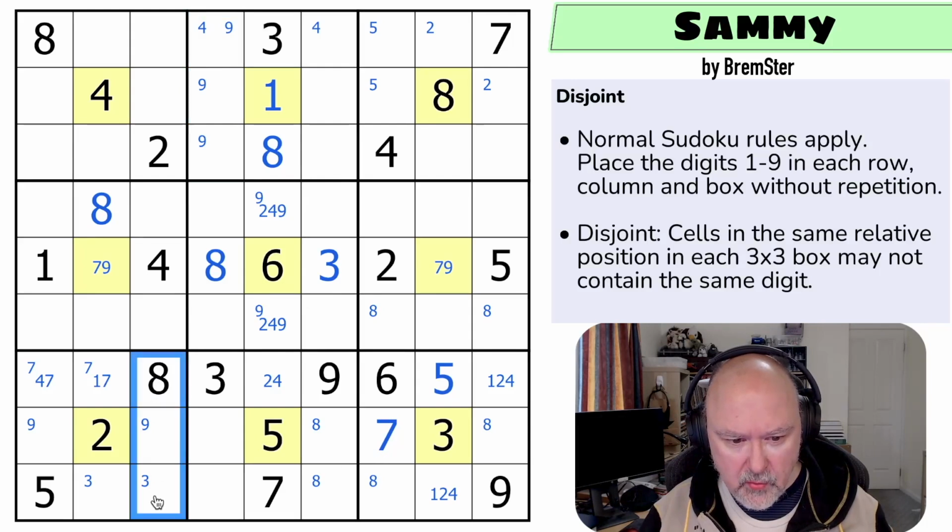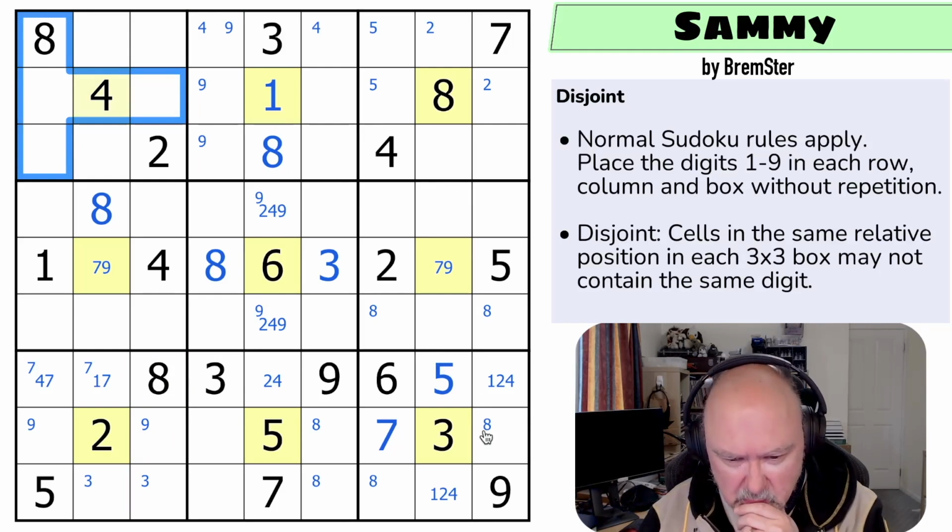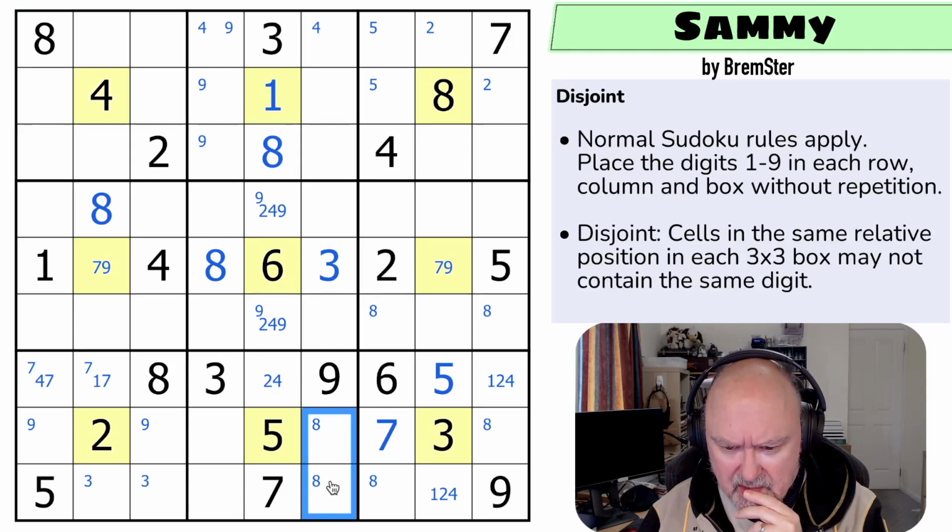Okay. 4, no. So 1 isn't in any of those. It doesn't look like 1's, does it? What digit is weak? Eight is, it's not 8.